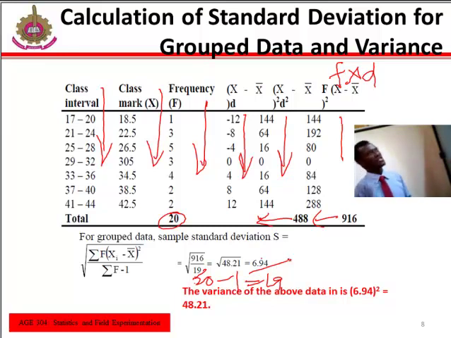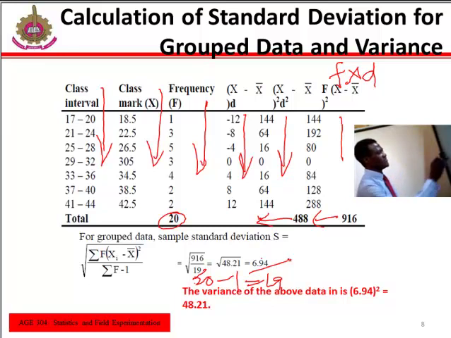Now, by extension, if you want to calculate the variance, the variance of a set of data is simply the square of the standard deviation, and this variance has the same property as the standard deviation.